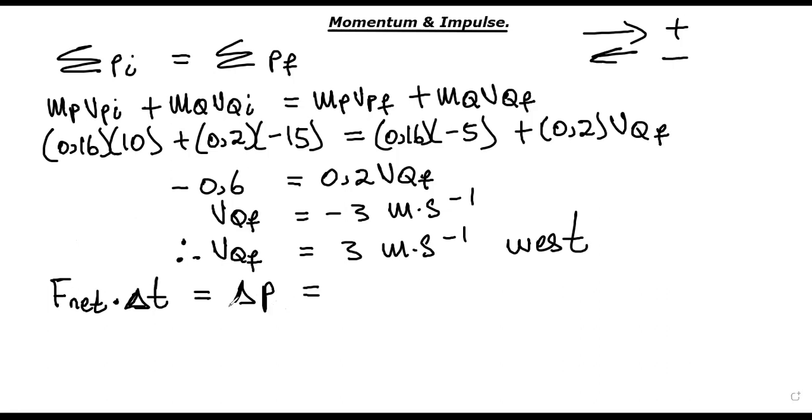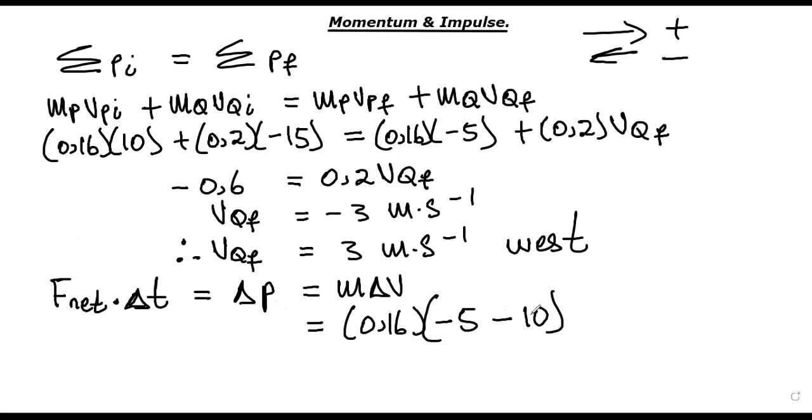We know that change in momentum is actually mass times the change in velocity. So the mass of ball P is 0.16 times what? The final velocity of ball P is -5, and its initial velocity is +10.